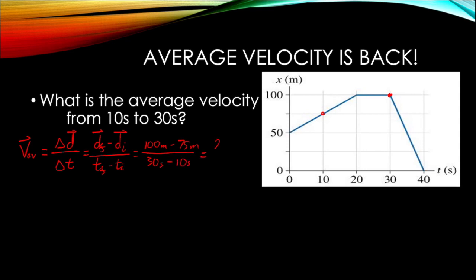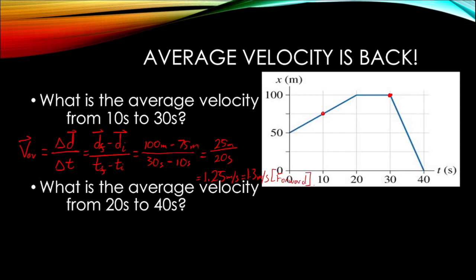Here we find 25 meters over 20 seconds, and this gives us a velocity of 1.25 meters per second. With significant figures, we see that this must be 1.3 meters per second. Because this is a velocity, you must add a direction. There is no direction given in the graph, so we will put in forward.